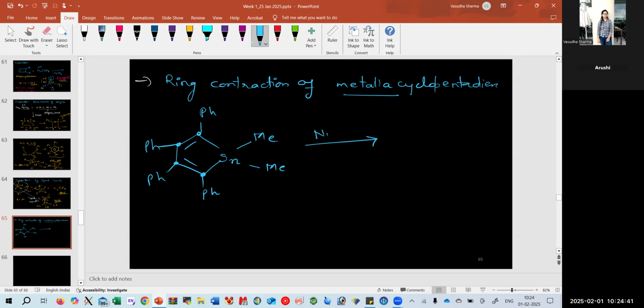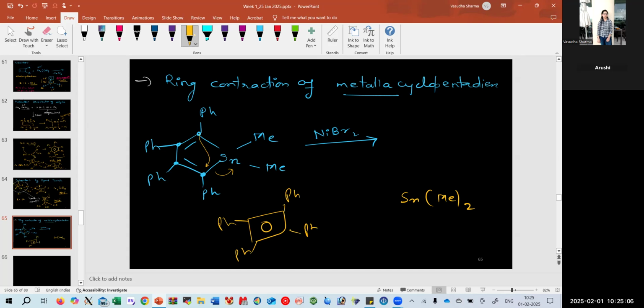Now, when it is being treated with nickel bromide, it undergoes a ring contraction. That means this bond would go and bind, attack with this one, and the SnMe2 releases. And when this forms a cyclobutadiene, then we have nickel bromide, and again it would end up forming nickel, bromine, bromine, and this would be a dimeric structure.